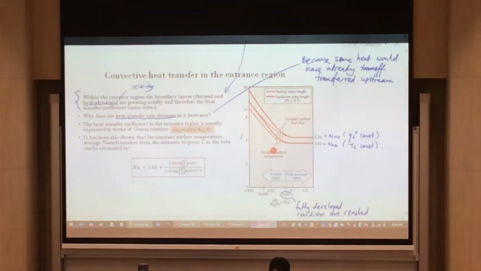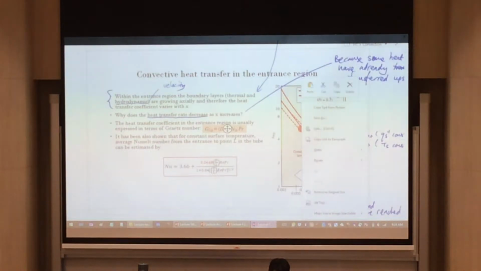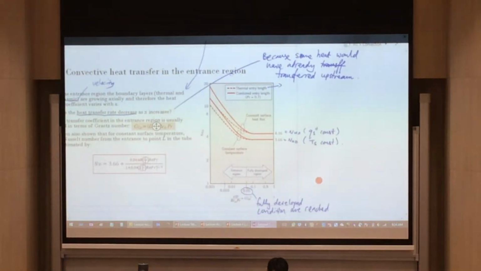So what are all these solid and dotted lines? In this legend, it says that the dotted line refers to thermal entry length. I'm going to write down a little bit to explain the meaning of the thermal entry length.